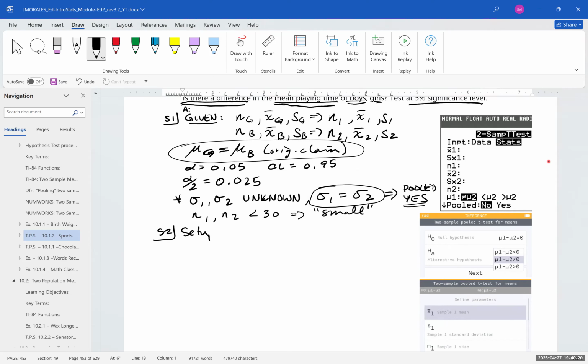That's to set up the null and the alternate hypothesis. So our original claim is that the mean amount of playtime is equal. And actually, I want to convert this into 1 and 2. So mu 1 and mu 2, and this was our original claim.